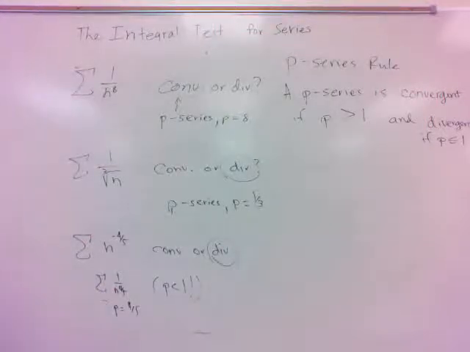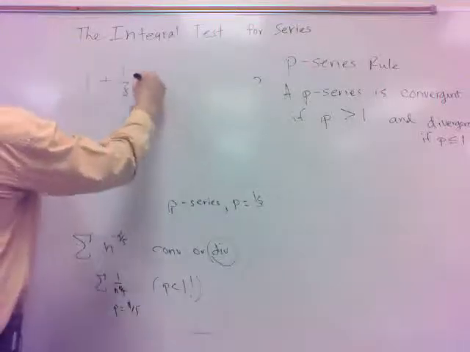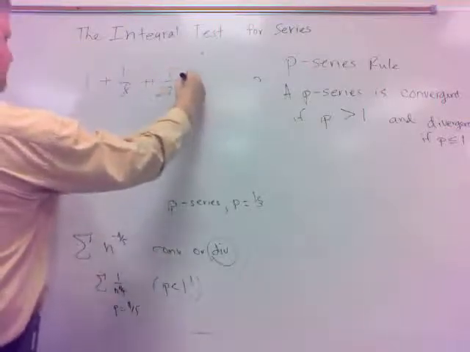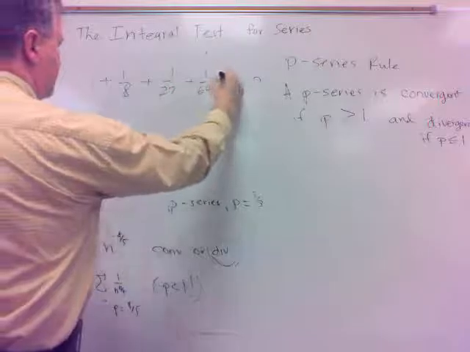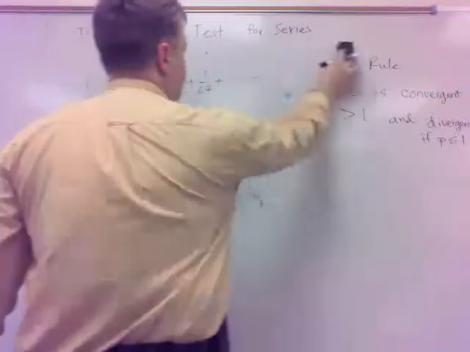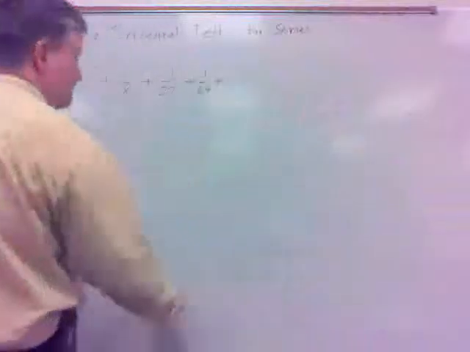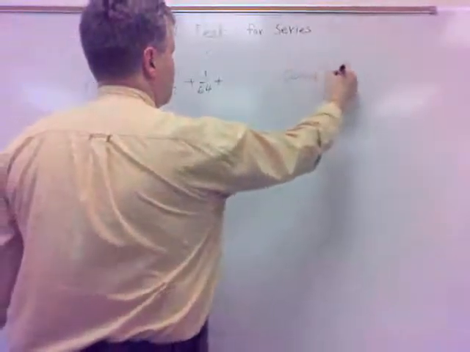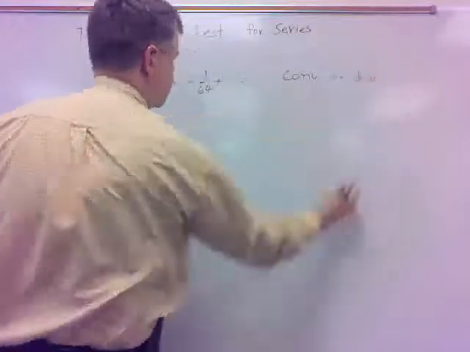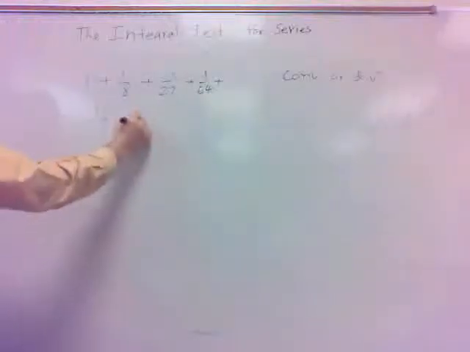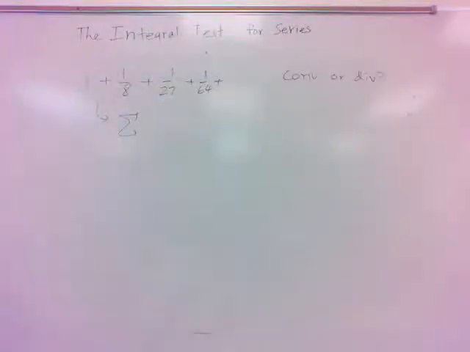All right. Now, it is also important to recognize it with terms written out. What is this one? You've got 1, 1/8, 1/27, 1/64. Is that one convergent or divergent? Well, you might want to put it in summation notation.